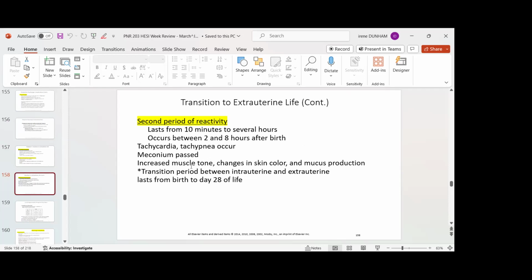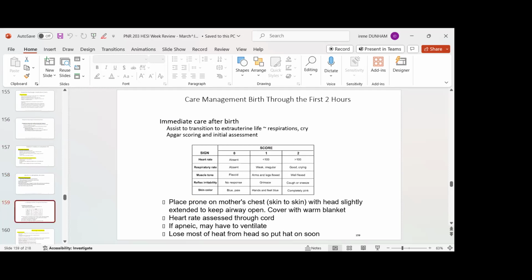Now they're moving around a little more, so they should have a little more muscle tone. They're changing skin color. Now their little hands and feet are no longer blue. They get pink. You always have to be worried about suction because they still have a lot of fluid and may have a lot of mucus. So you just have to watch them closely.